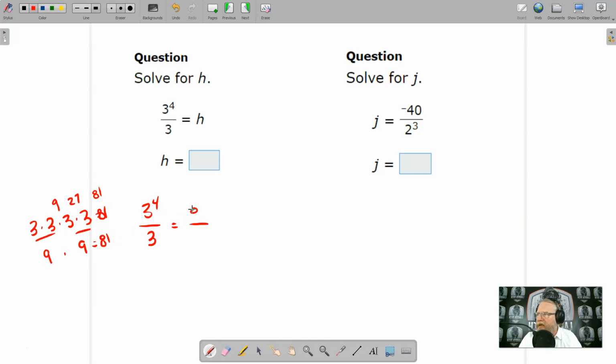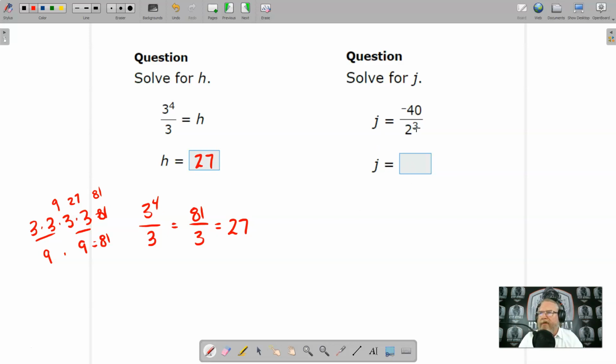I think that's a little bit easier for me than 3 times 3 times 3 times 3. Group them together. And let's bring that 3 over. And now 81 divided by 3 is 27. And for the most part, I really don't have 81 divided by 3 memorized in my head that well. I just so happen to know it's going to be 3 to the third, which is indeed 27.